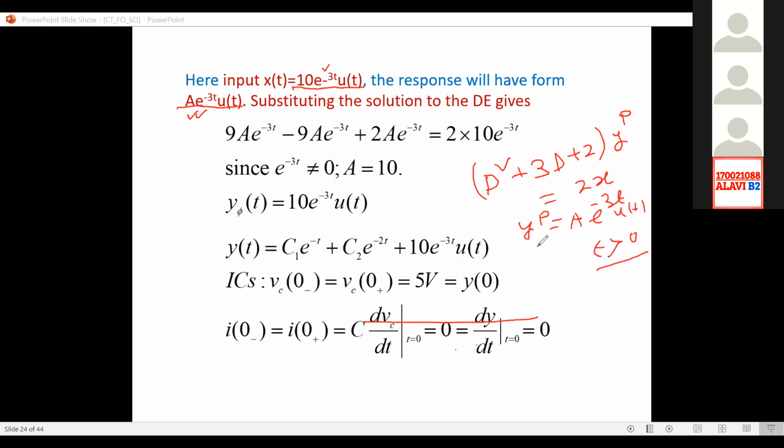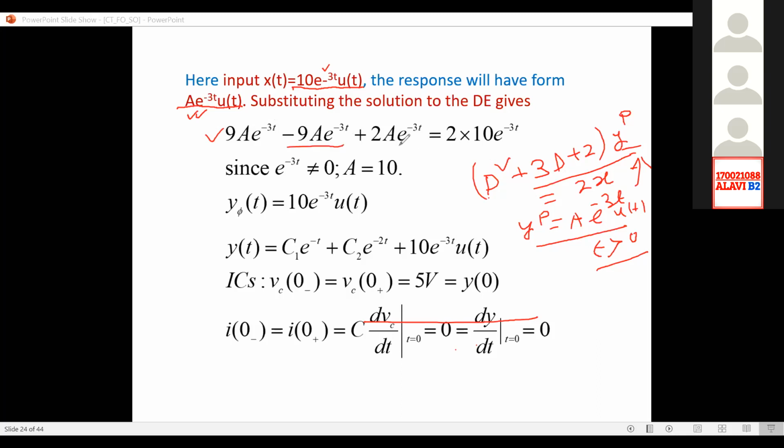Now, if this is your solution, it must satisfy this equation. So if we put this value of Y_p in this equation and take the derivative twice, it will be equal to minus 3 into minus 3 a e to the power minus 3t. In the second case, it will be minus 3 into a e to the power minus 3t.